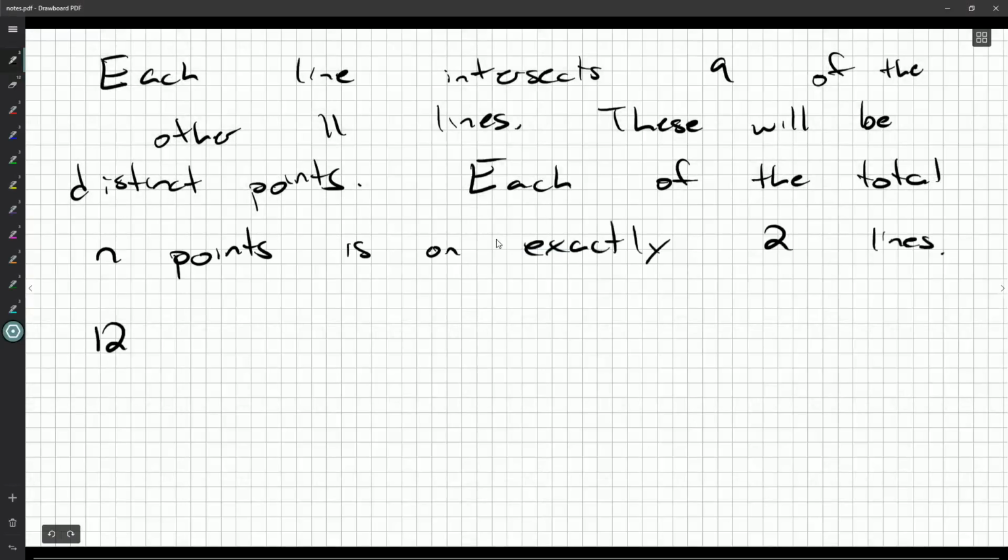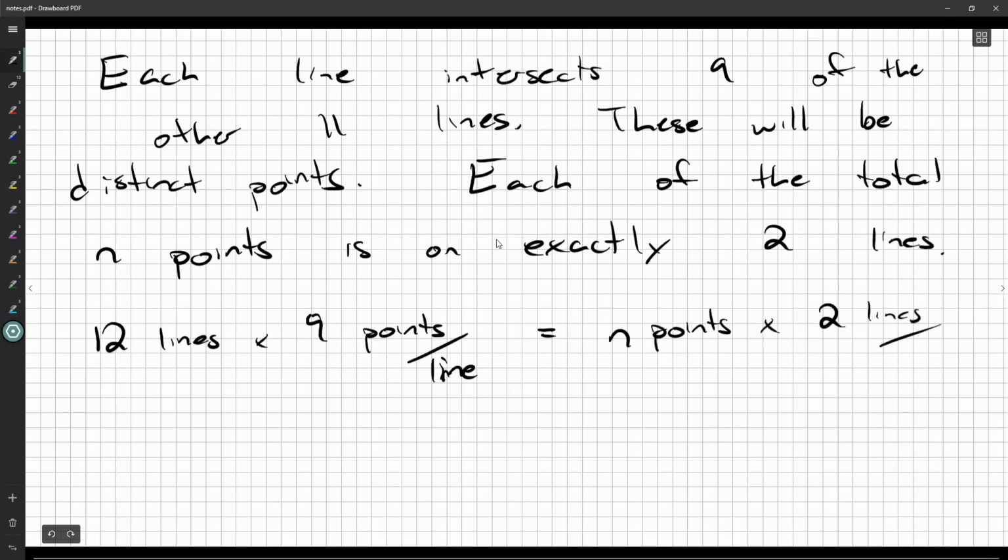So there are 12 lines times 9 points, that's points per line. And then there's n points times 2 lines per point.